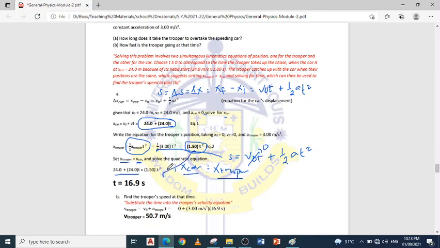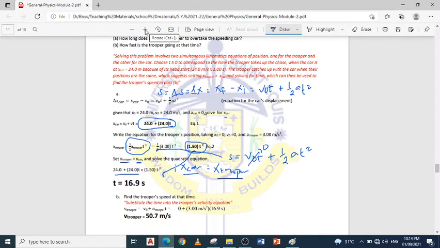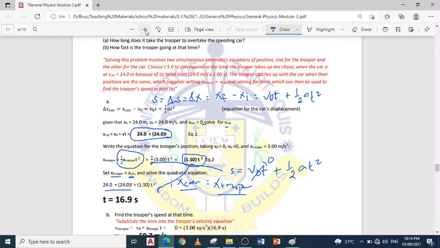And then, by using a quadratic equation, so we have to rearrange this one, okay? Pag in-arrange natin yan, ayan. Pag in-arrange natin yan, so magiging 24 plus 24t equals 1.5t square.